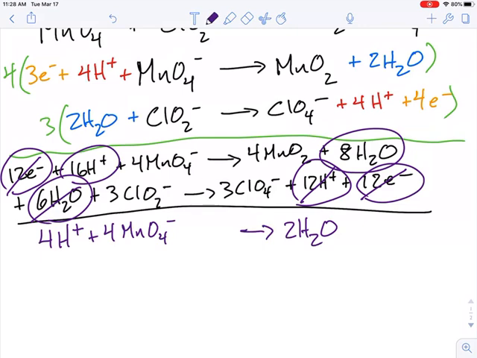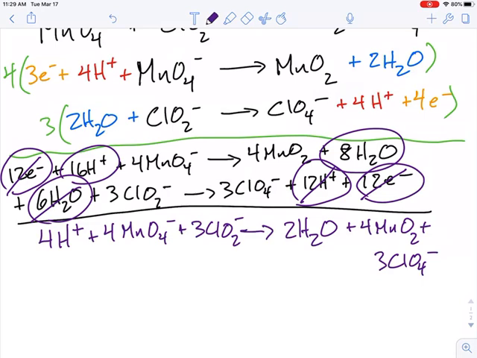On the left-hand side, I'm going to have my 3 ClO2 minuses. On the product side, at the top, I have my MnO2, and then I have my 3 ClO4 minuses. Okay. So this is what we would have as far as our reaction left over, and this is done in an acidic environment.